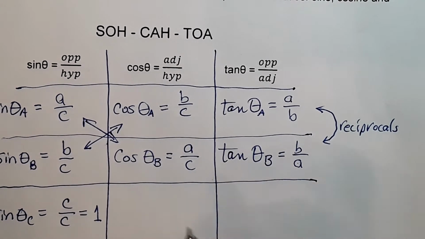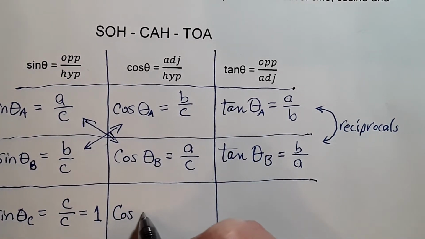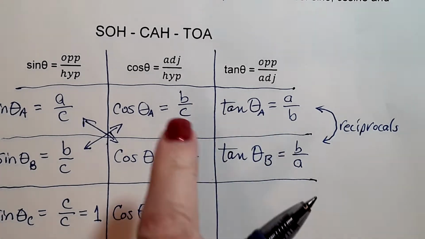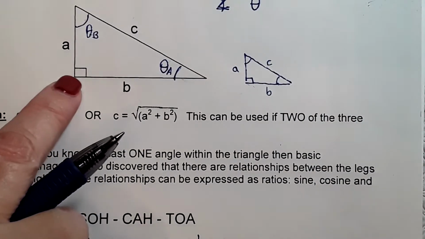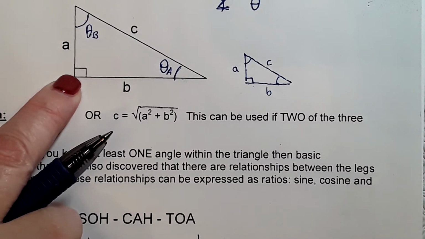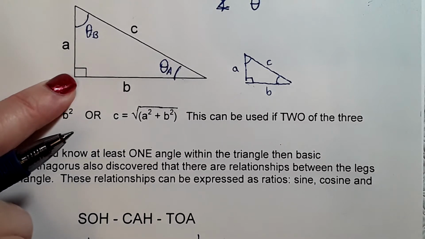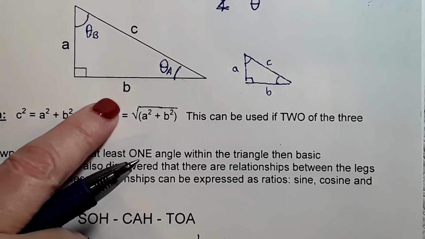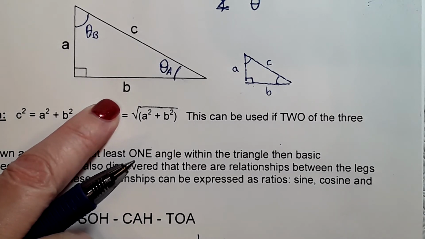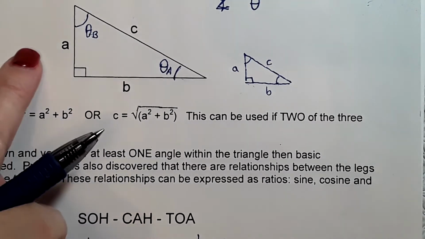All right, now let's look at the cosine of angle C. Cosine, remember, is adjacent over hypotenuse. So let's look. Here's the 90-degree angle. Which is adjacent? You got A and B. Can you choose one over the other? Actually, no, you can't. They're both adjacent.